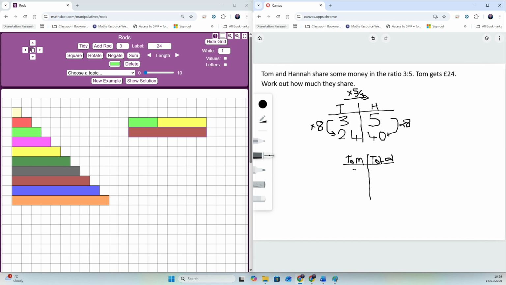And say, well, Tom gets 3 parts in the ratio and the total is 8 parts. So I want to sort of ignore that 5. I don't really care about Hannah. And then Tom gets £24.